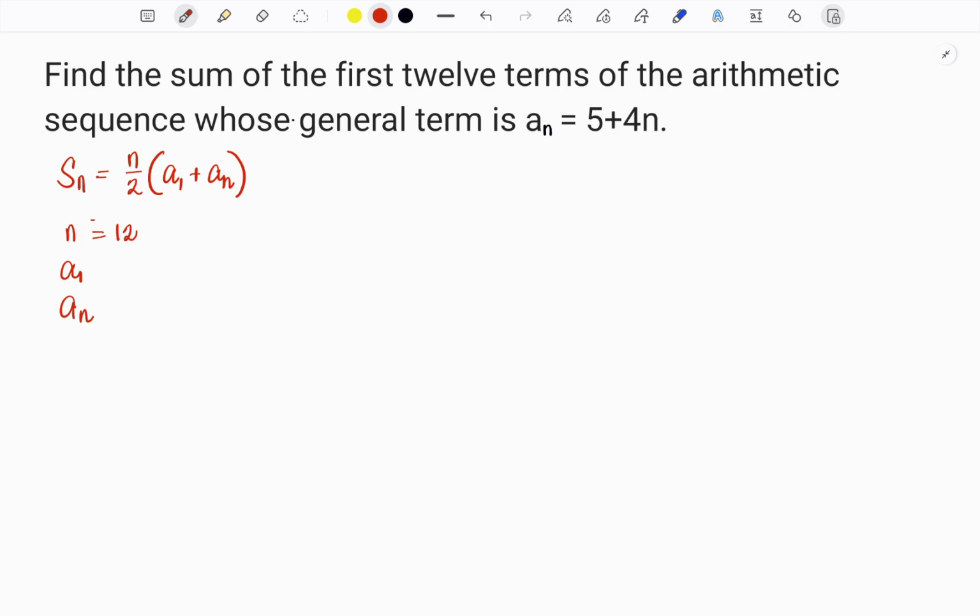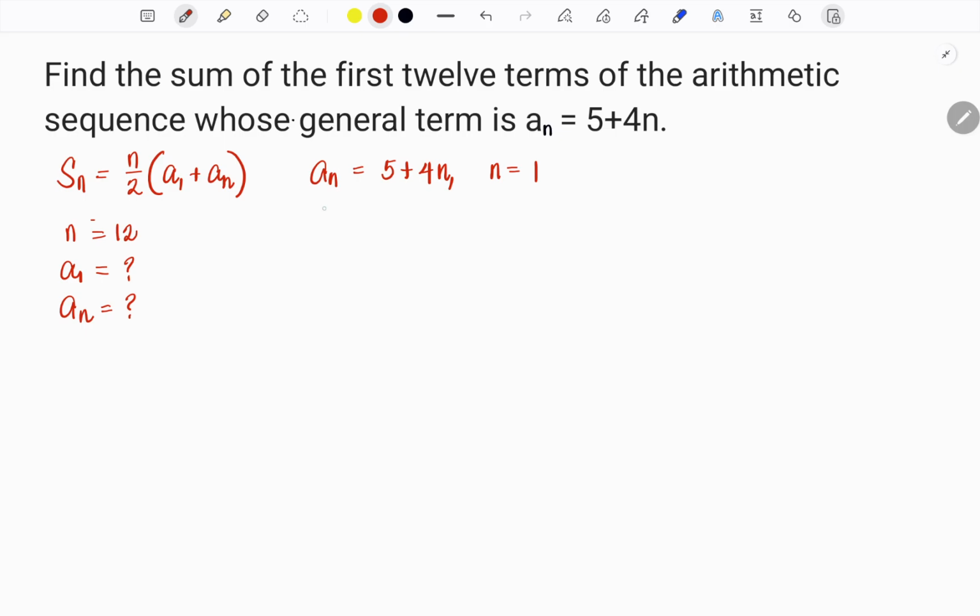And that means we need to solve for a sub 1 and a sub n first. And using the general term a sub n equals 5 plus 4n, let's compute for a sub 1. Note that to solve for a sub 1, our n here is equal to 1.